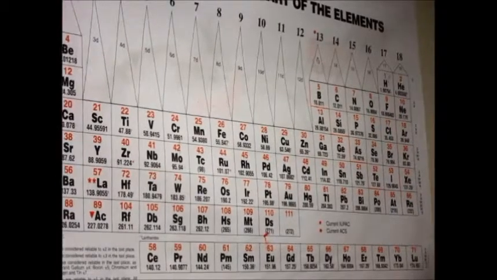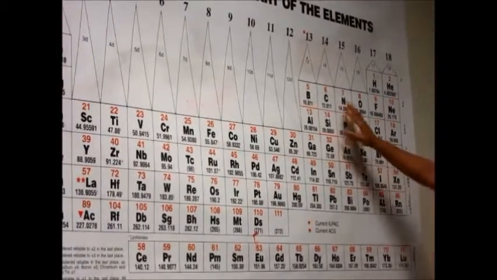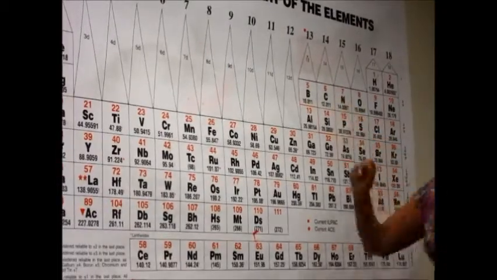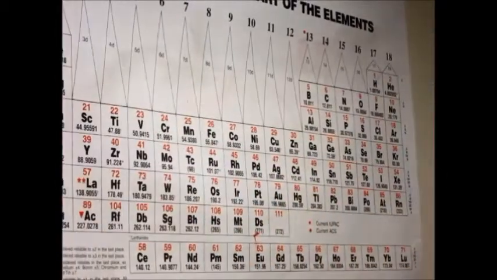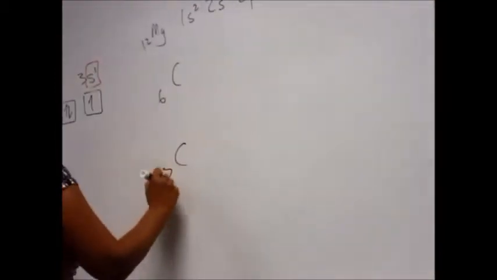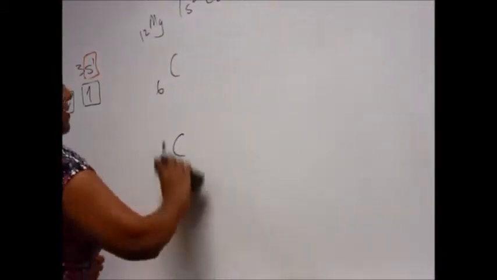So far, so good. Let me just go over carbon and nitrogen over here. So C6 and N7. This is just to specify how to fill electrons out when you get to the p.